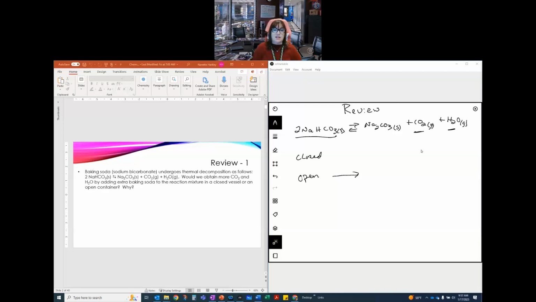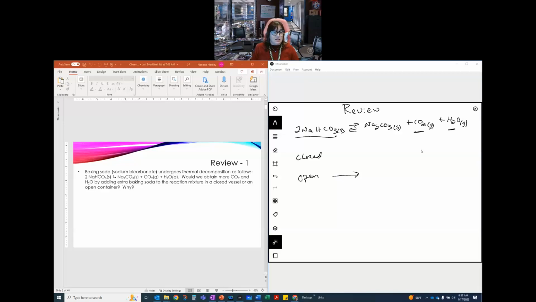The only other thing I'm going to say to you is that the amount of NaHCO3 that is present has nothing to do with this. It has everything to do with the kind of container that we're in. The reason that I say that is because NaHCO3 is a solid, so the amount of it that we have is not relevant in looking at the equilibrium state. Okay? So the only thing we need to worry about is whether that gas is contained or not contained.